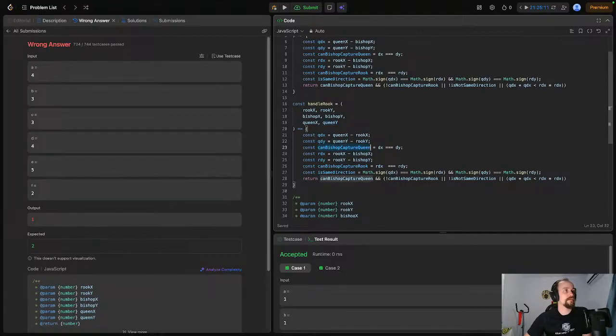Rook X, Rook Y. Can rook capture queen? The rook can capture the queen if the rook X equals the queen X, or the rook Y equals the queen Y. And then similarly, can rook capture bishop? We go as long as it takes.